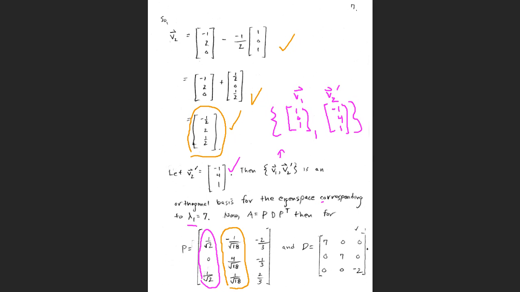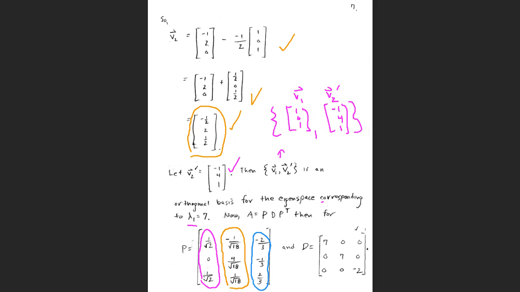And the eigenvector corresponding to the second eigenspace has length 3, so you normalize that vector so that it has length 1.